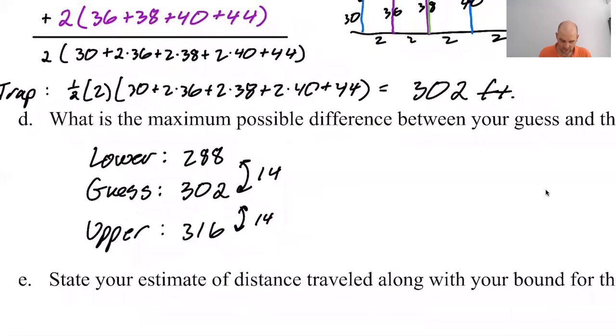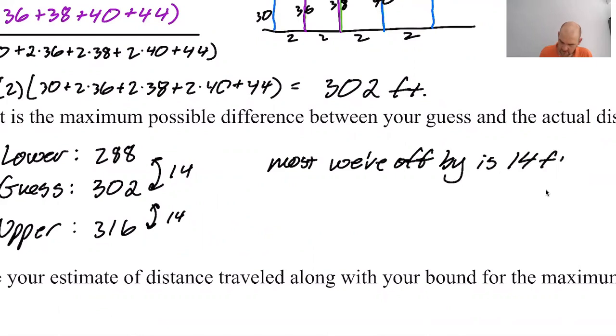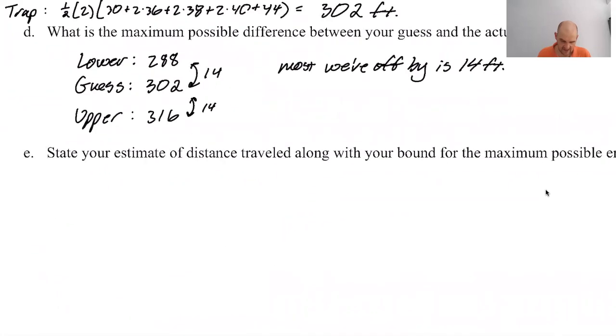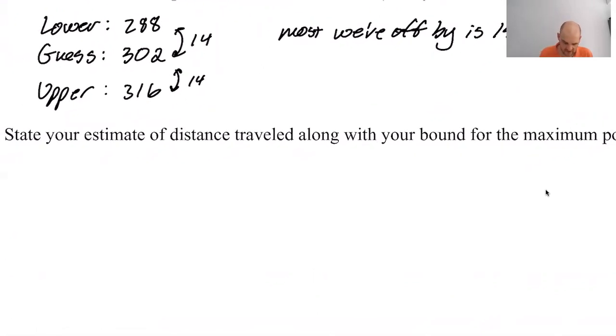So if we say that our estimate is 302, the most we're off by is 14 feet. Guaranteed the amount is 302 feet plus or minus 14 feet. So that's here where it says state your estimate along with your bound for the maximum possible error. So we can be at most 14 feet off. So I'm going to say distance equals 302 plus or minus 14 feet.